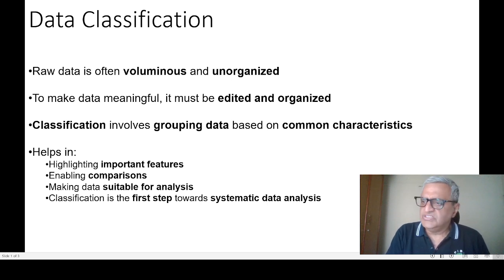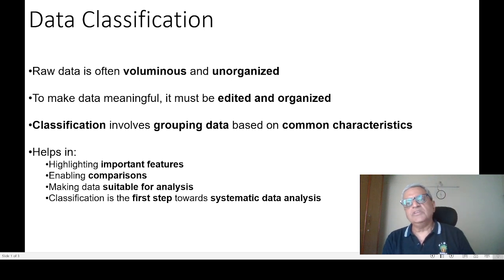So the first step probably would be to get this data organized in some way or the other. And to organize the data, you need to introduce certain fields, and to introduce certain fields you need to edit the data.